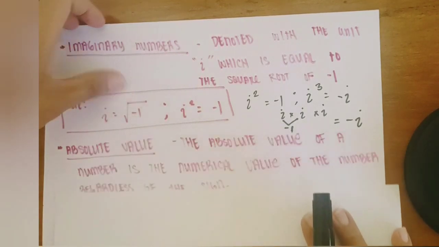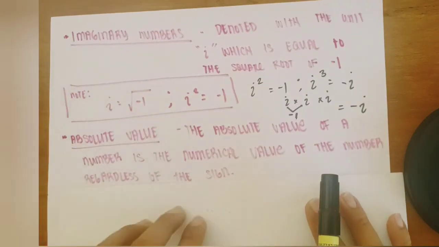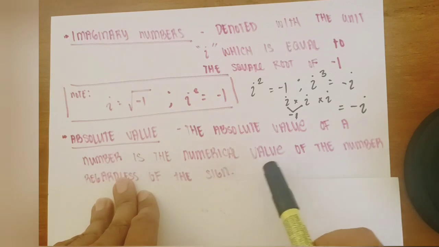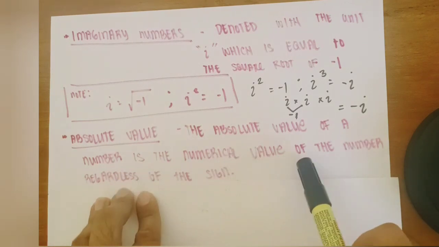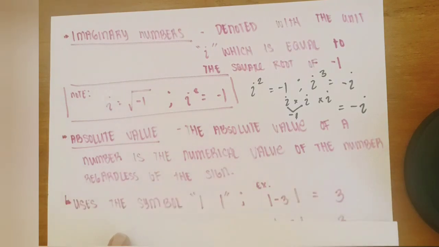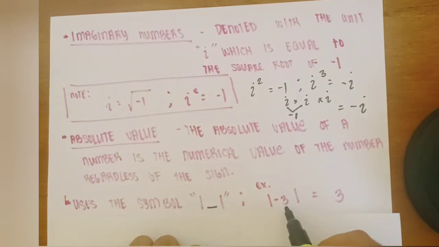Next is absolute value. So, ang absolute value of a number is the numerical value of the number regardless of the sign. So, it uses the symbol like this. So, may number ditong nakalagay, tapos pinapagitnaan niya yung number which binibigyan natin ng absolute value.